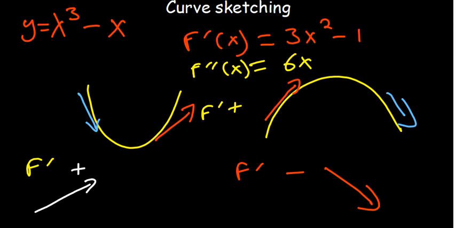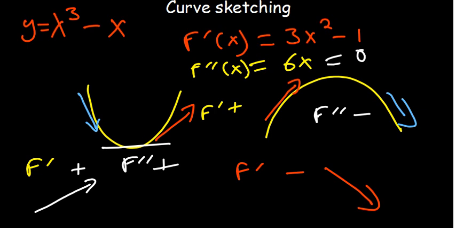I believe you know how to go about your differentiation. In such a case, you look at the nature. When the second derivative is positive, it's a minimum. When the second derivative is negative, it is a maximum. A case where it is equal to 0 is a point of inflection.